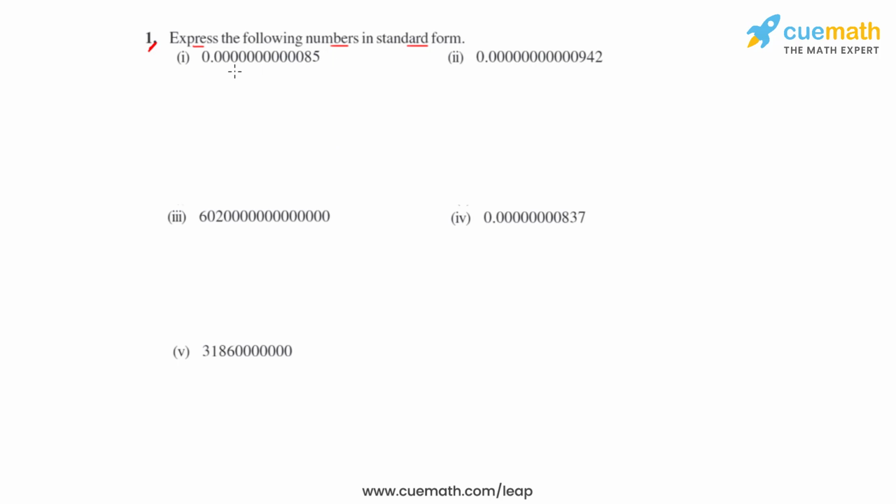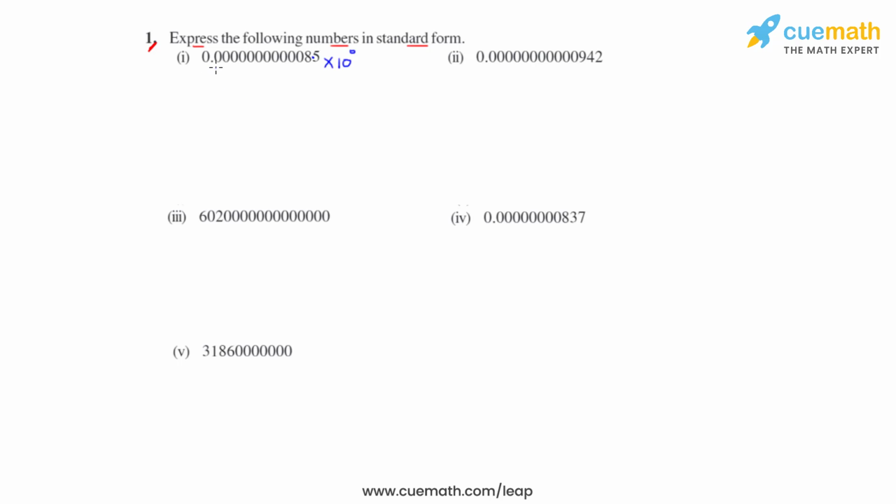We will first write it as a product of the given number and 10 raised to 0, because anything raised to 0 is 1 and that does not change the value of the given number. Now our objective is to get this decimal point between 8 and 5 because then we will get a number which lies between 1 to 10 and we can write it as a product of that number and an integral power of 10.